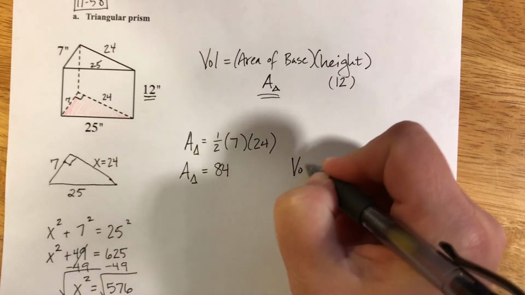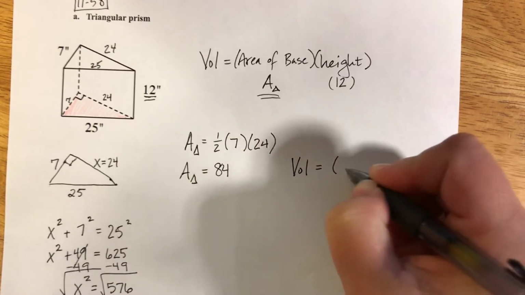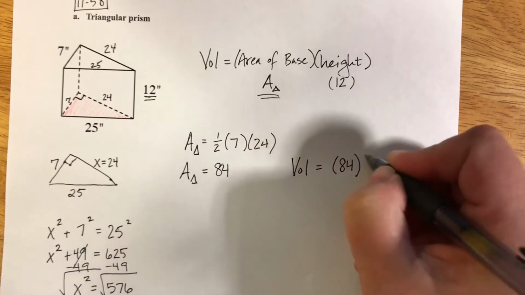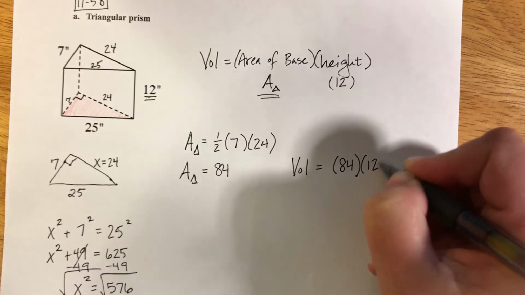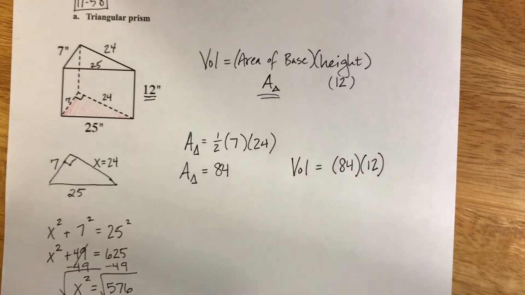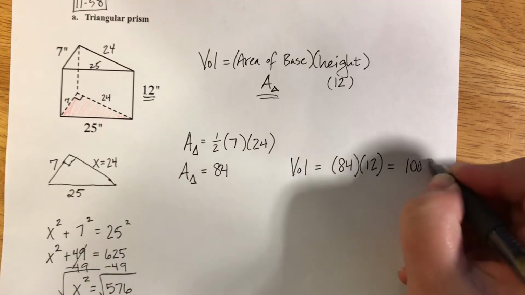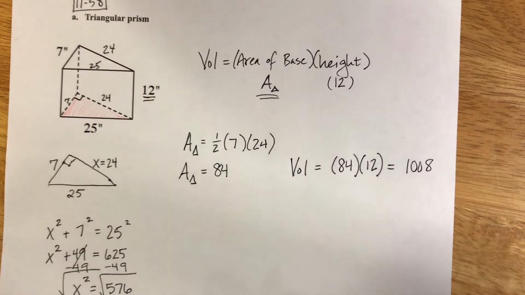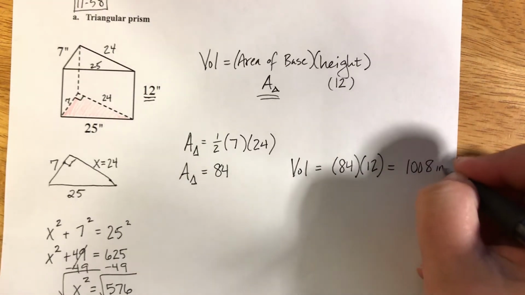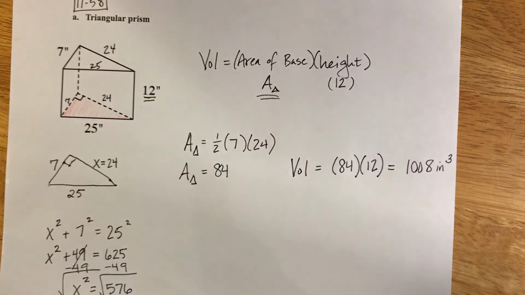So the volume of my prism is going to be 84 times 12. Put that into my calculator, and I get that the volume is 1008, and then my units were inches, so it's going to be inches cubed, because our volume is always cubed.